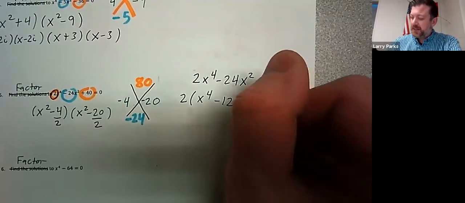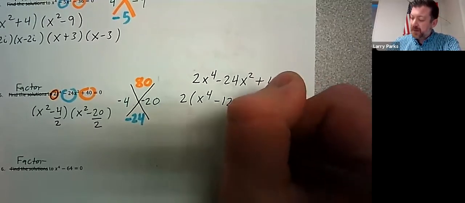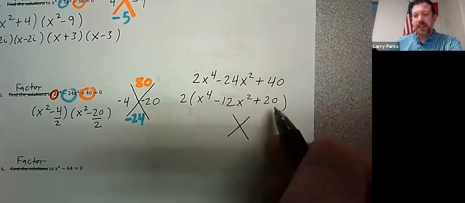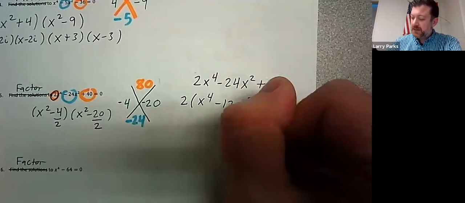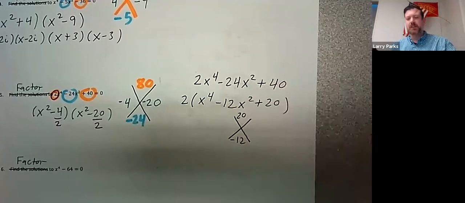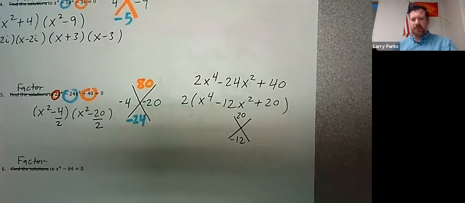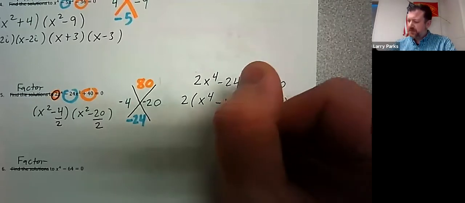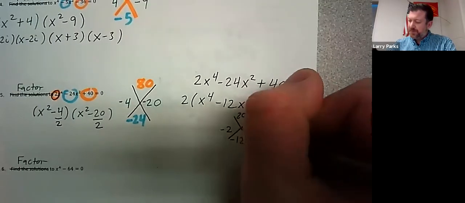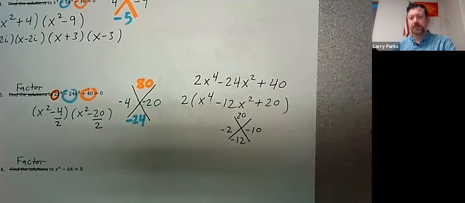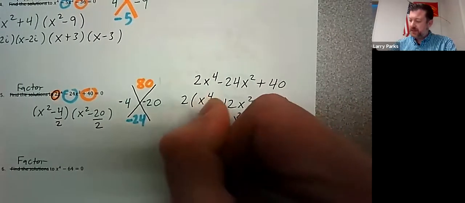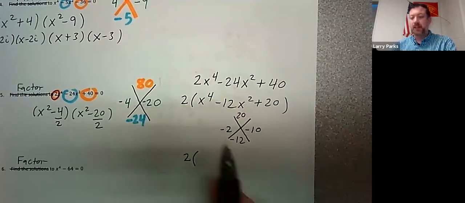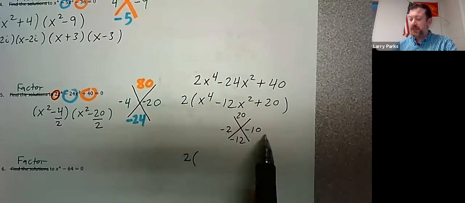So I would make my x. I need numbers that multiply to 20 but add to negative 12. That'd be what, negative 2 and negative 10. And so then I'd have 2, x squared minus 2, x squared minus 10.